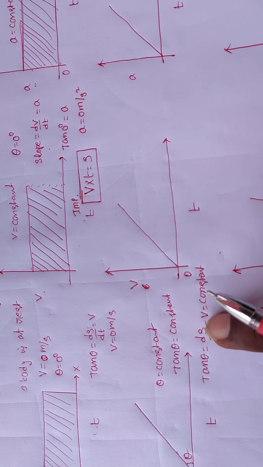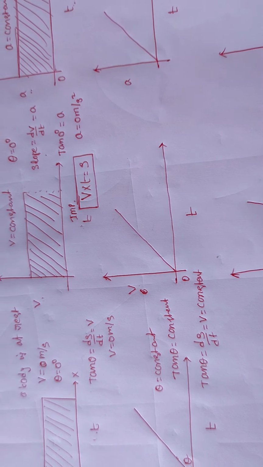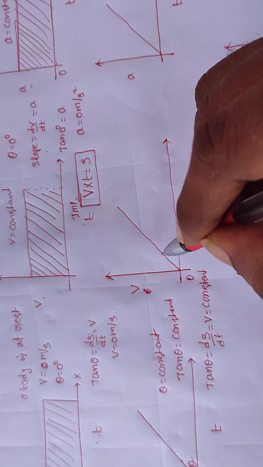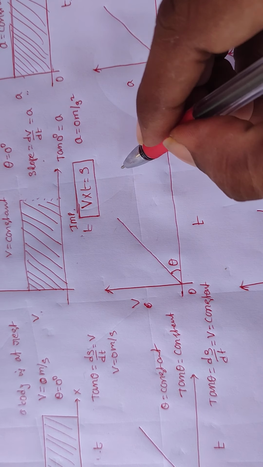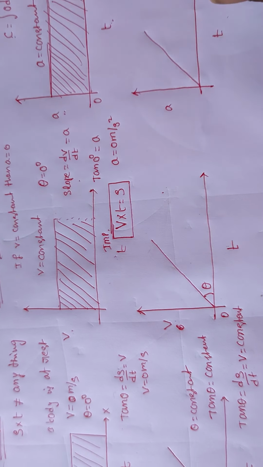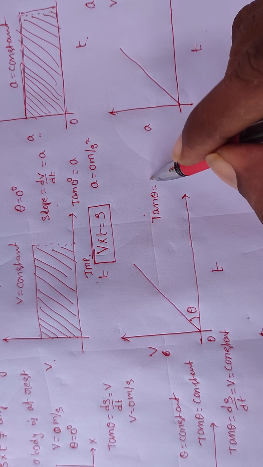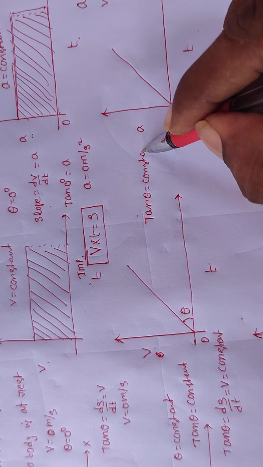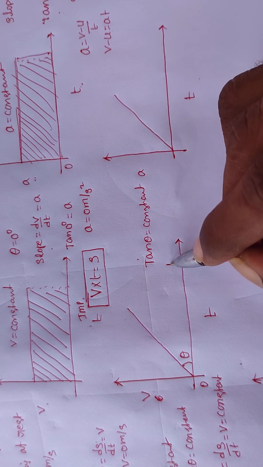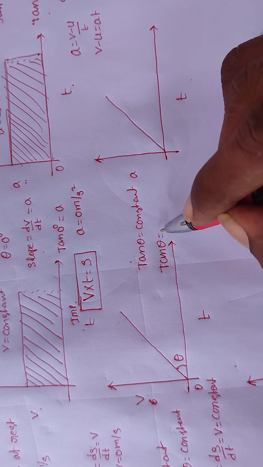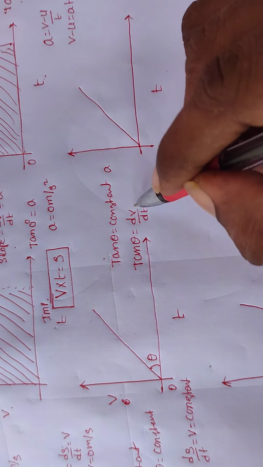In the next condition, the velocity time graph slope is a straight line from the origin. The slope angle is constant only. We apply the condition here: tan theta equals constant. Then the formula for tan theta is dv by dt, the rate of change of velocity.